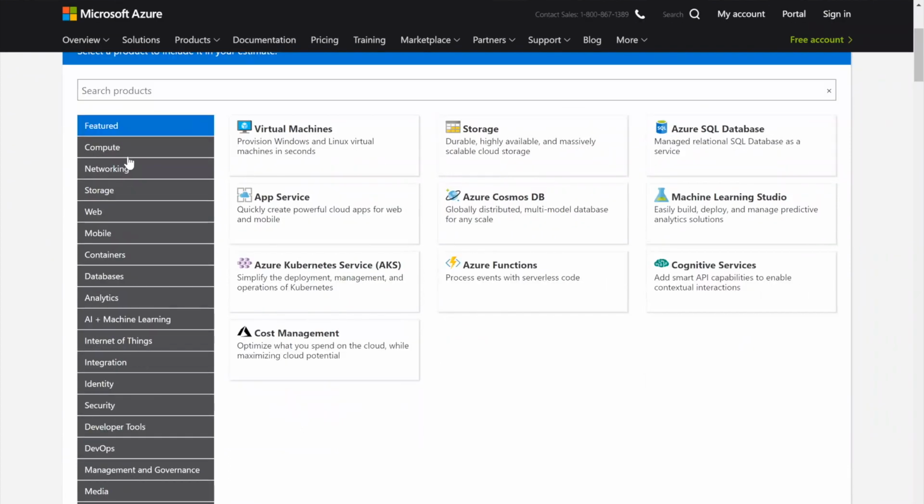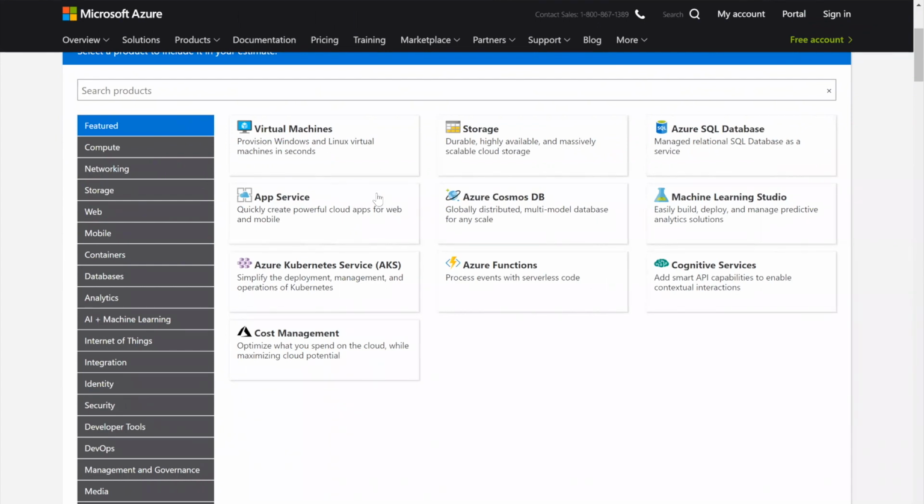The focus of our discussions here are these top 3 things, compute, networking, and storage. So if you're using the Azure Calculator, you would still need to somehow architect an Azure-based solution on paper or in Visio to figure out what's needed.